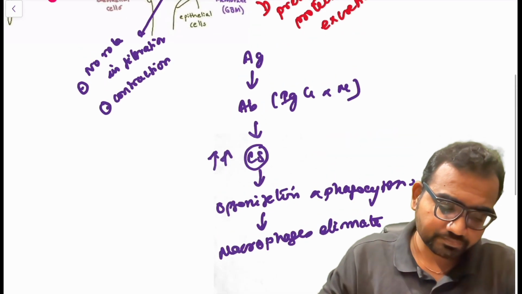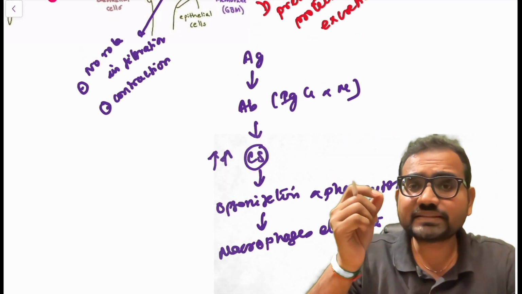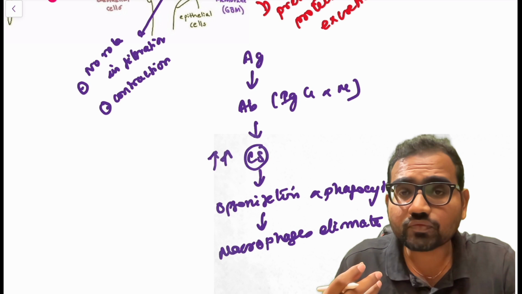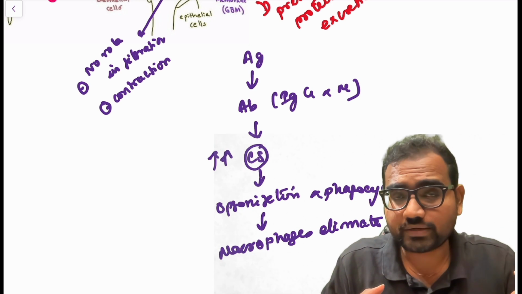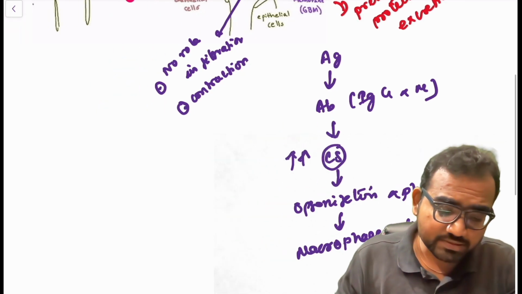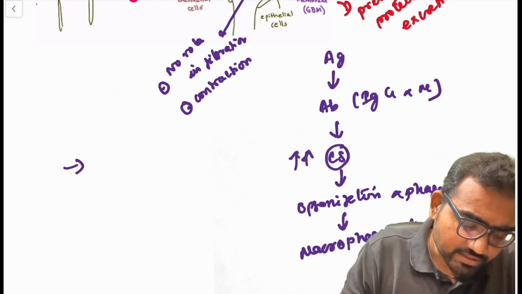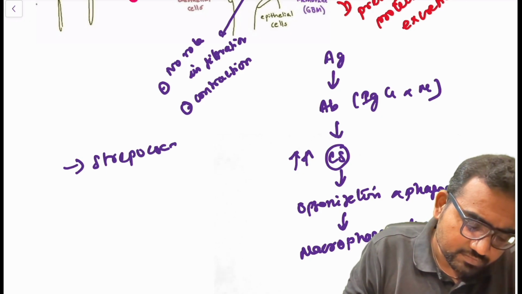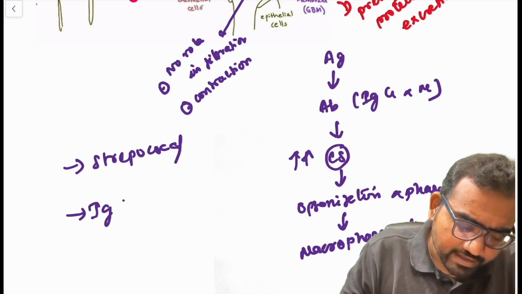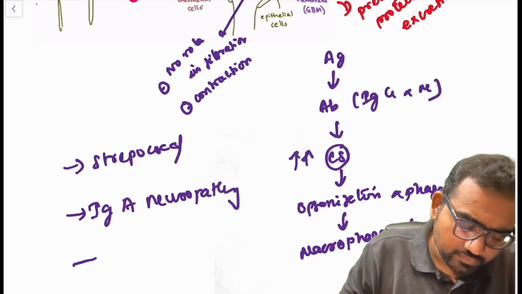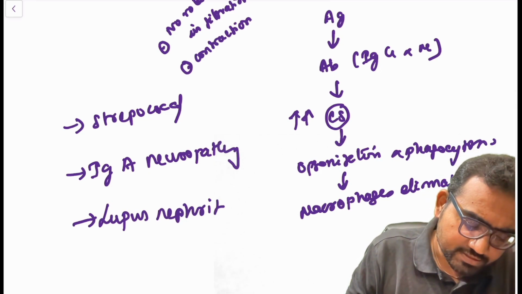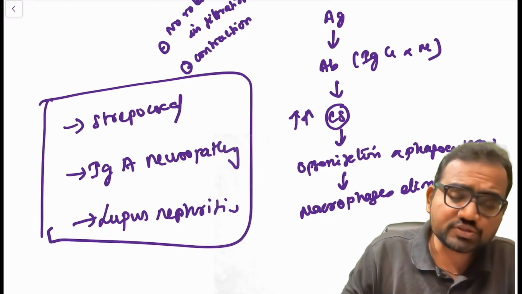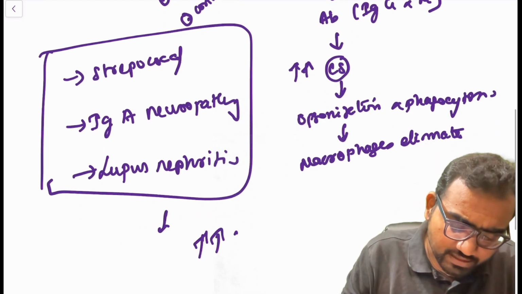Now imagine when there is more antigen being produced, more antigen secreted, and the antibodies can't control it or take charge of it. What happens? For example, in certain situations like streptococcal infections, IgA nephropathy, lupus nephritis, and autoimmune diseases, there are going to be increased antigens.